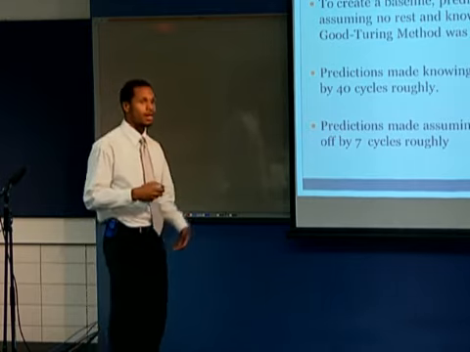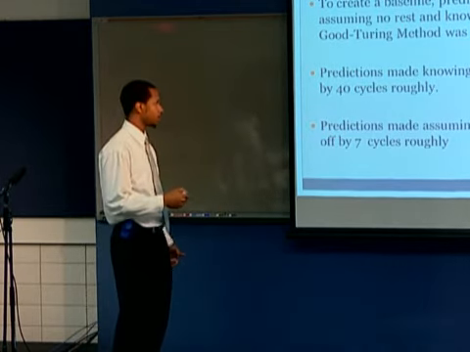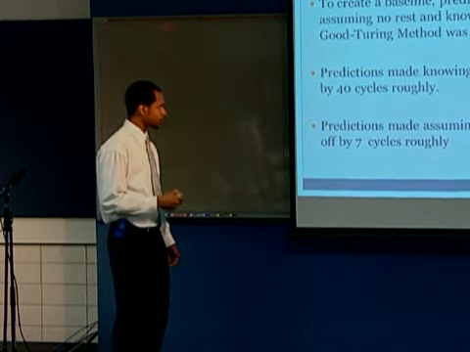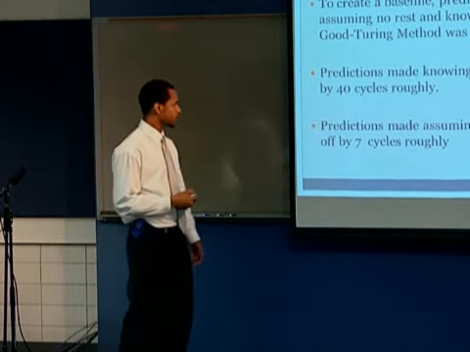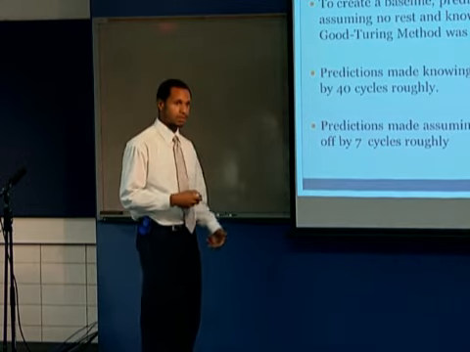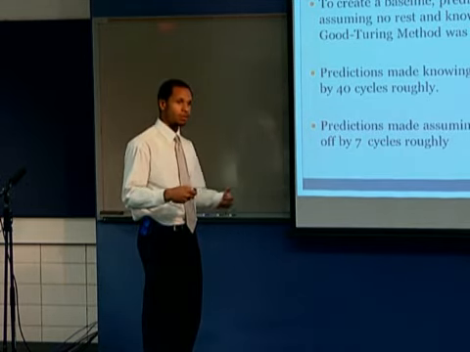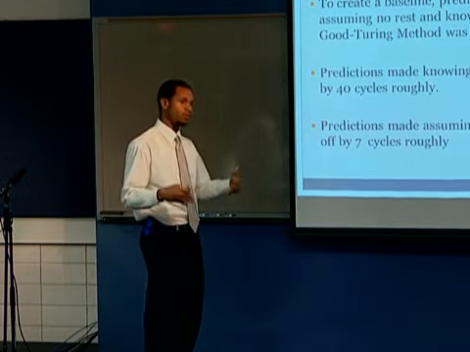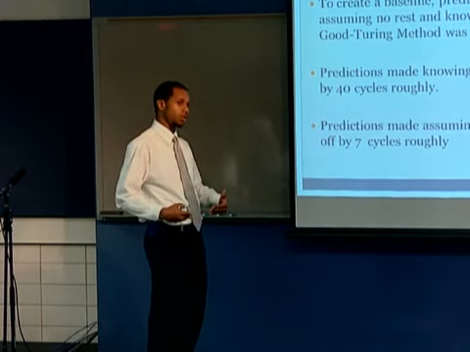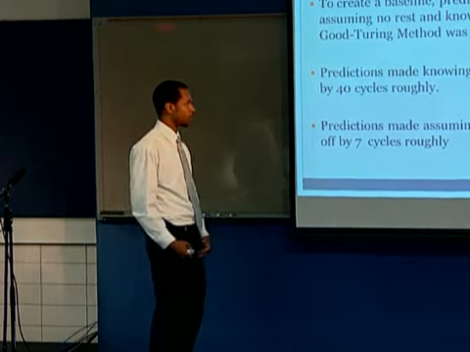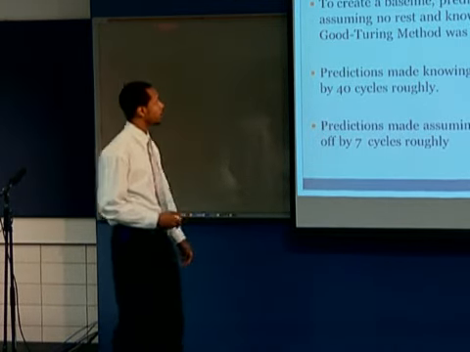It's a stochastic prediction, so you can't give exact figures. And predictions made assuming no rest were off by 7 cycles. So I said that the remaining useful life of the battery will be 7 cycles longer than what it actually was, or 7 cycles less. That's the rough average amount that I was off by.